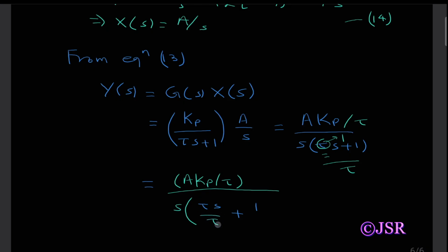Since we have divided the denominator by tau, this tau gets cancelled. So finally we will have a kp upon tau upon s into s plus 1 by tau.